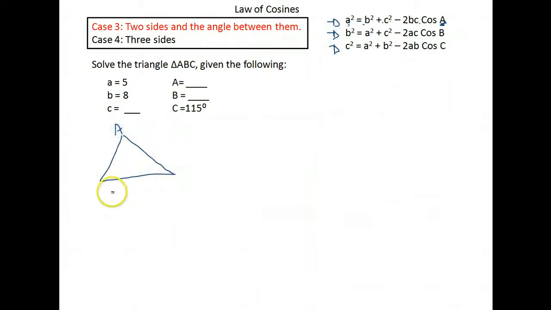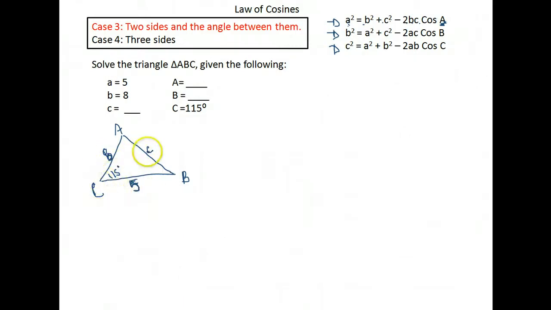So if we were to draw a picture of our triangle here, remember that the angle is opposite the side, as far as their names go. We know that a is 5, we know that b is 8, and we know angle C is 115 degrees. Now obviously this is not drawn to scale, it's just a sketch to keep me focused.